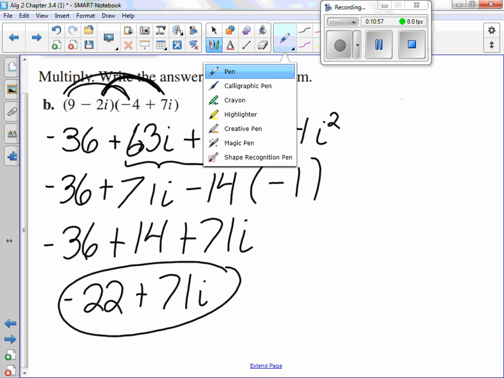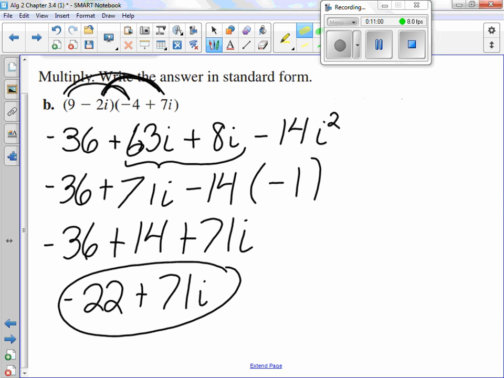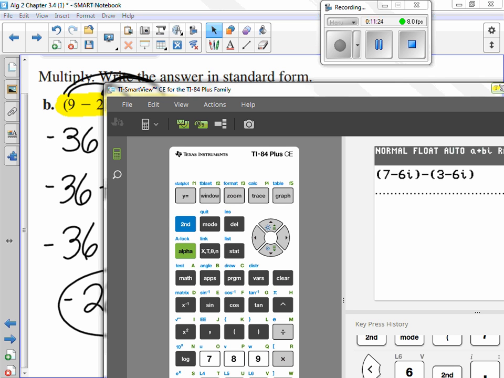For those of you who have your graphing calculator, type the starting problem in. So if you don't have your note sheet, it's about to disappear because I'm going to pull the calculator up.